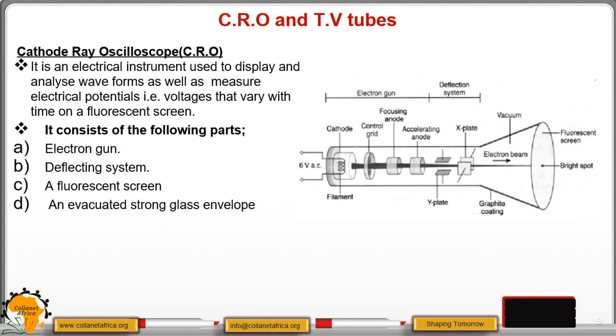As we have seen earlier, we evacuate to ensure that these electrons do not collide with any air particles. Then we have the screen, where, when these cathode rays strike the screen, they form a bright spot because the screen glows.